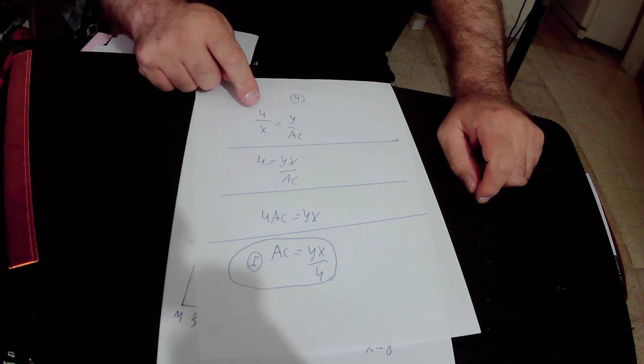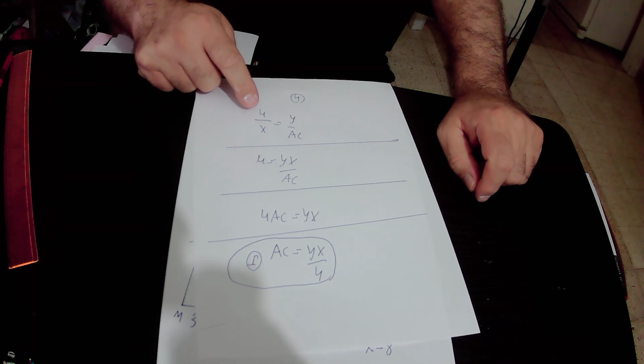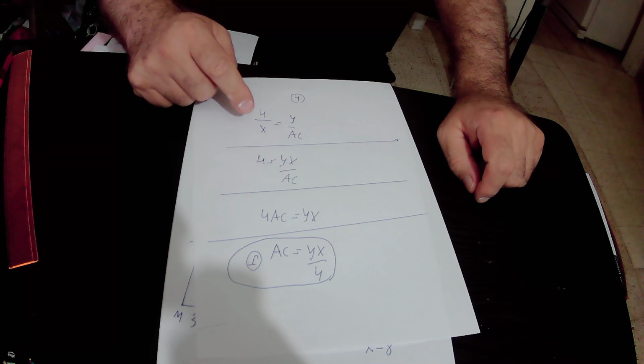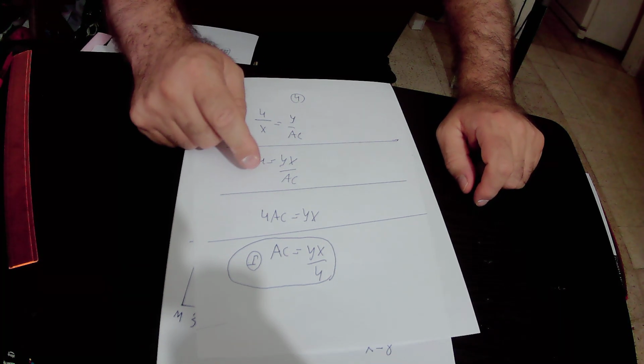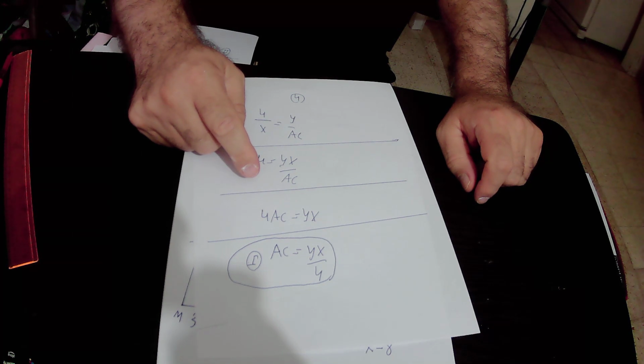Here we multiply this equality by AC, and by X, and we get that 4 times AC equals XY.